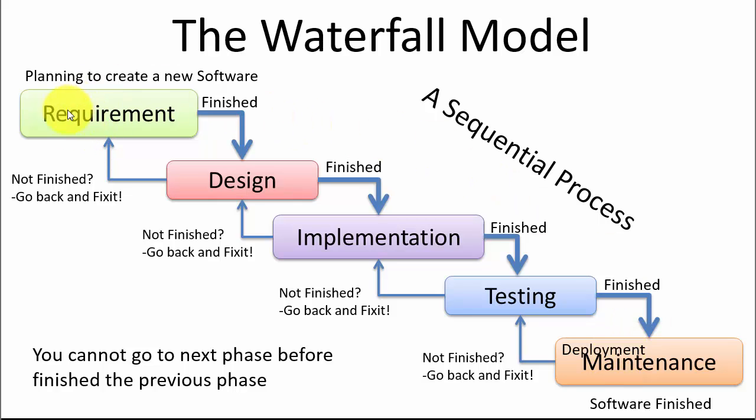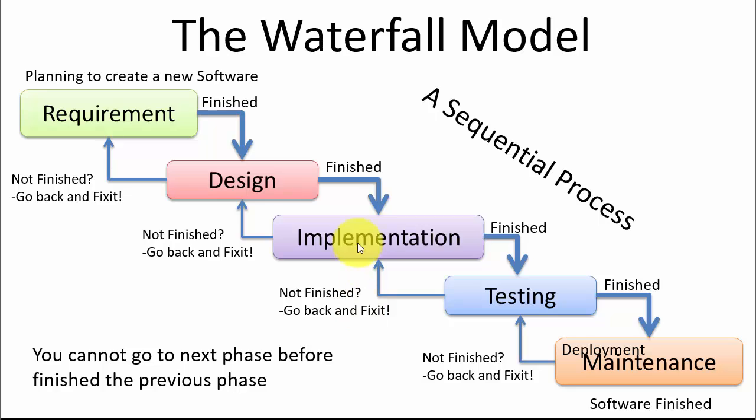So you always start with the requirements, and you plan what the software should do. When you are finished with this phase, you can go to the next phase. And when you are finished with this phase, you can start implementing the software.